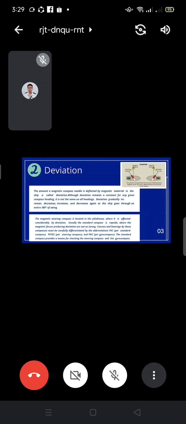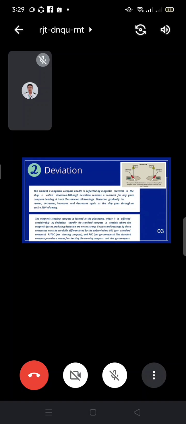The magnetic steering compass is located in the pilot house, where it is affected considerably by deviation. Usually the standard compass is topside, where the magnetic forces producing deviation are not as strong.